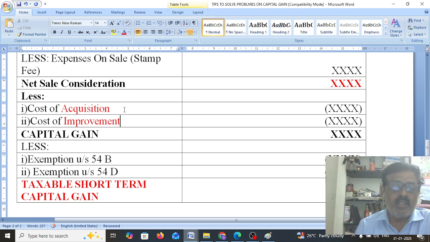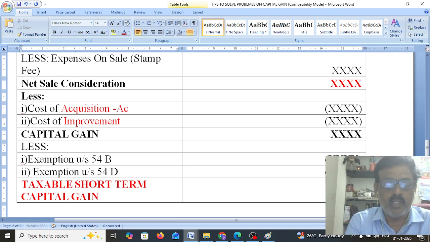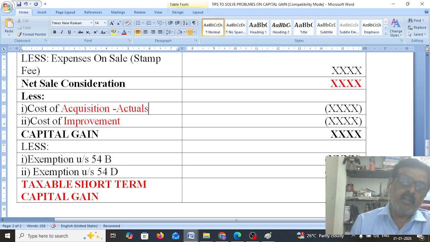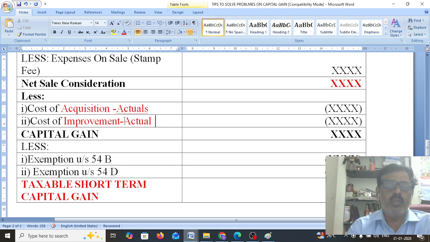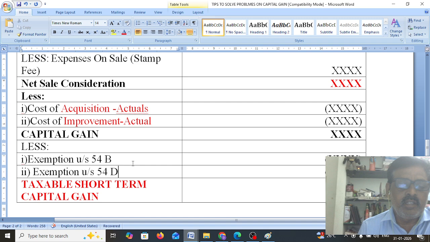Without indexing, we take the actuals, how much has actually been spent. I am telling you actuals because you will understand when we go to long-term capital gain and exemptions under section 54 and section 54D. When you deduct all this, and claim your exemption, the final result will be taxable short-term capital gain.